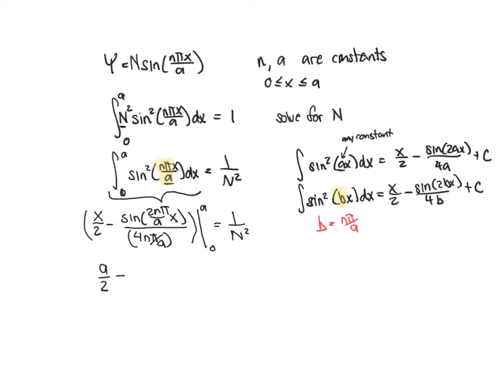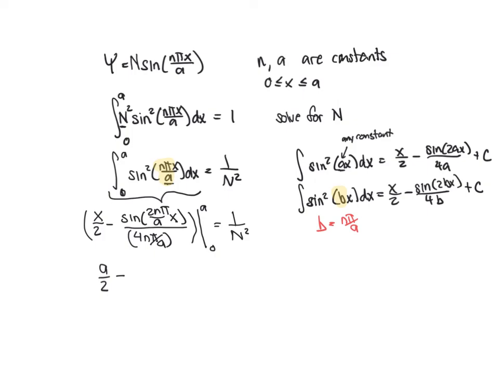Sine of any even number of pi is equal to 0. So when I plug a in here, I'm going to get 0. And when I plug 0 in here, sine of 0 is 0. And so this whole mess of sine stuff, when I plug in my limits, goes to 0.